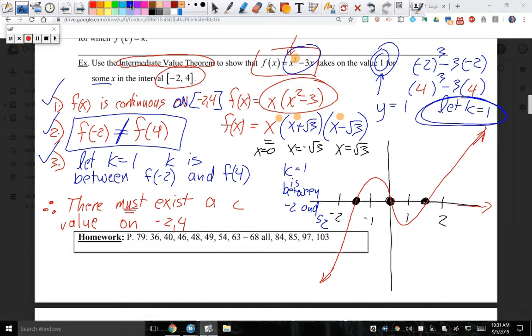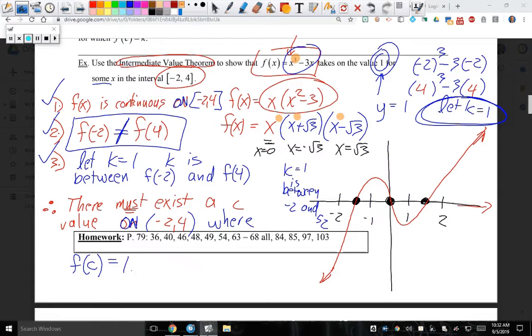Because it can't, just like f of a cannot equal f of b, this C cannot equal A or cannot equal B. You with me? It's going to be in between. So there must exist a C value on -2 to 4 where f of C, careful, is equal to what? 1. Nice.